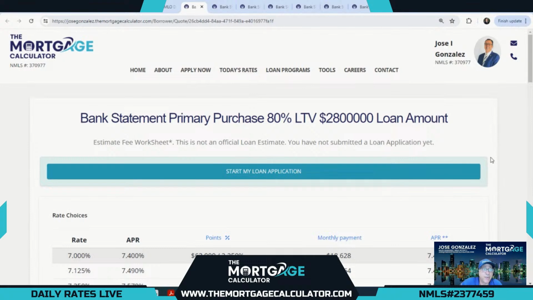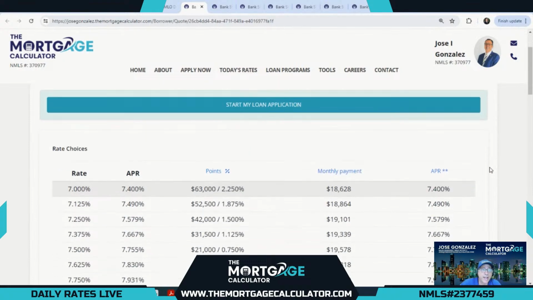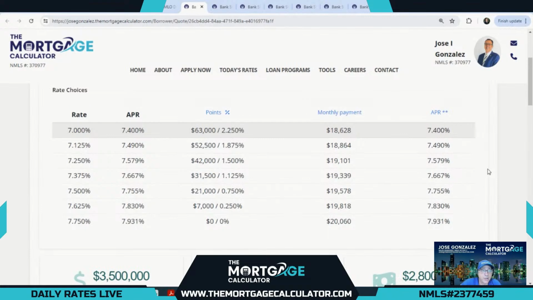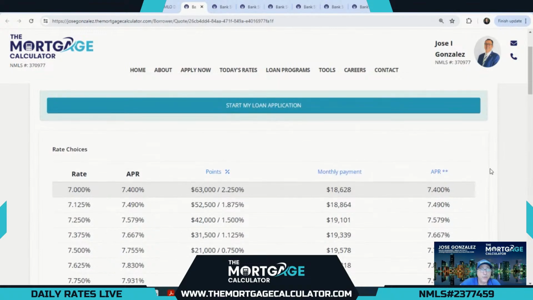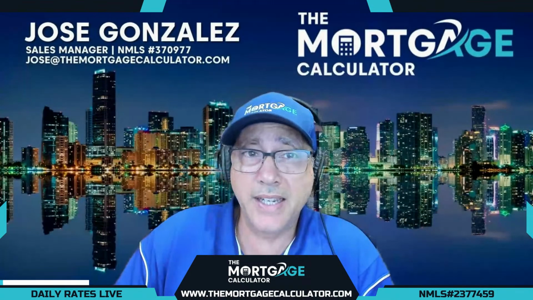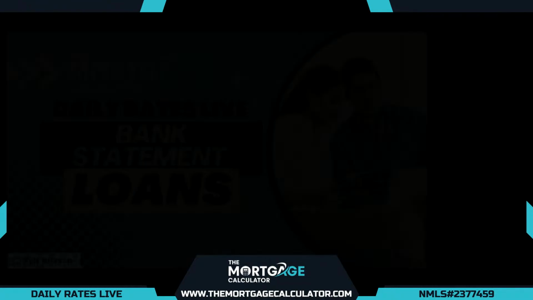Here we have an example, 80% LTV purchase, $3.5 million purchase, $2.8 million loan, bank statement, and look at those rates. 7.75% is at par, 7% lowest cost option for your $2.8 million, 80% LTV bank statement primary purchase. So definitely look to the mortgage calculator for your bank statement loans as well as DSCR, non-QM, and agency.